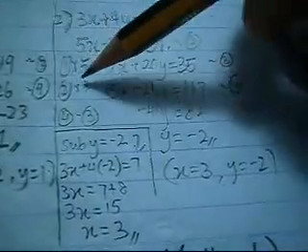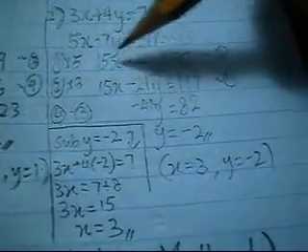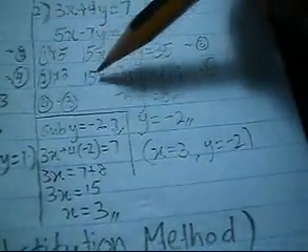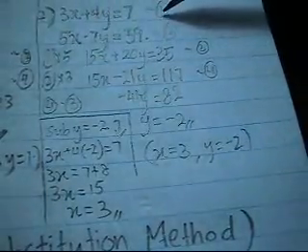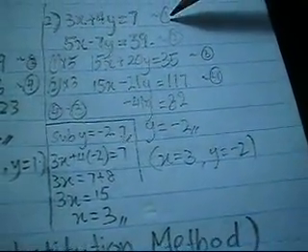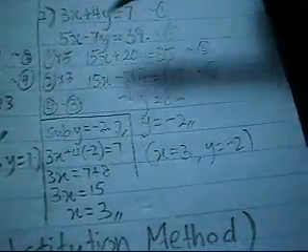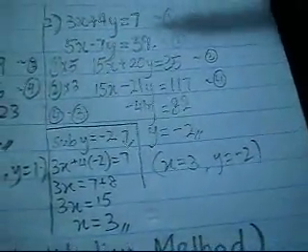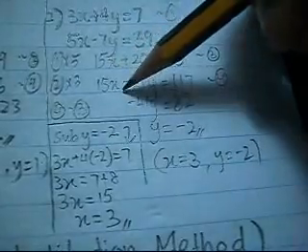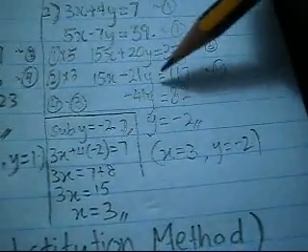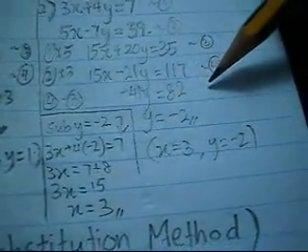So in order to eliminate x, I chose to make both of them 15 by multiplying the first equation by 5 and the second equation by 3. So you get 15x, 20y, 15x, negative 21y, 35, 117.